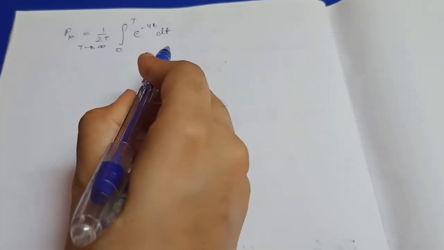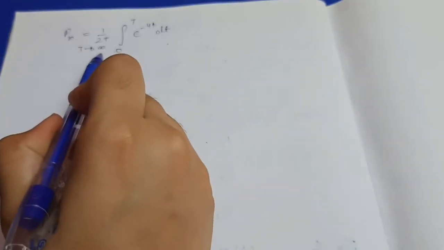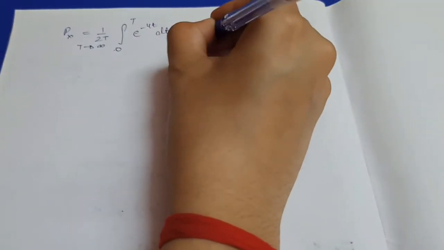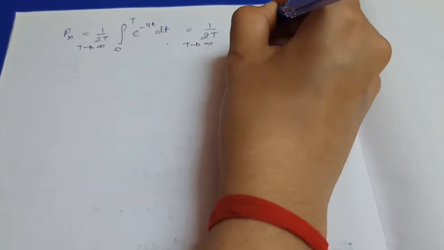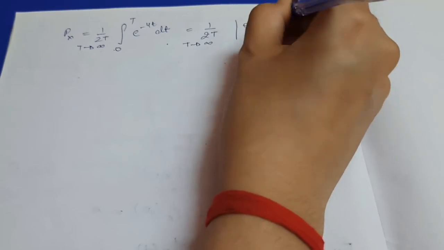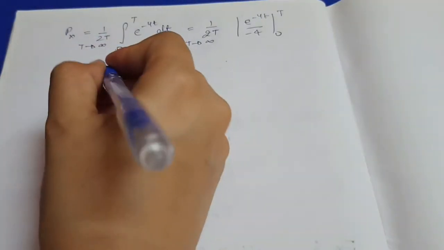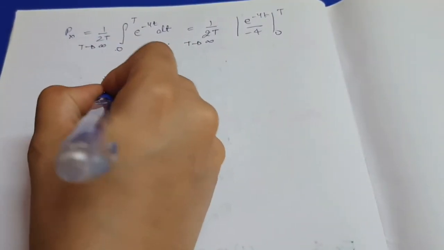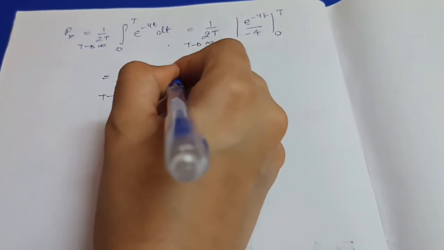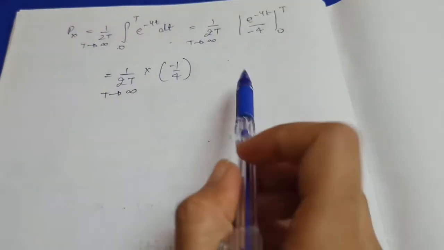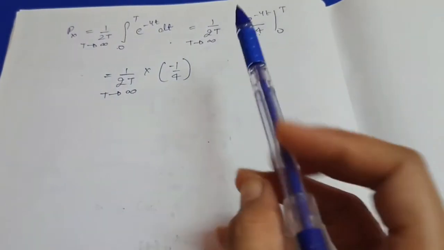So let's verify it. Now let's take the integration of this term first and then we will substitute this value. Just taking out this term common, right?